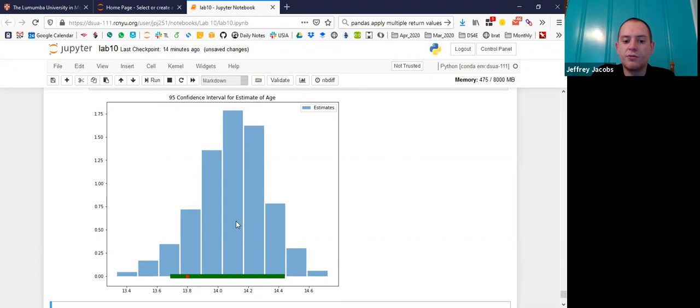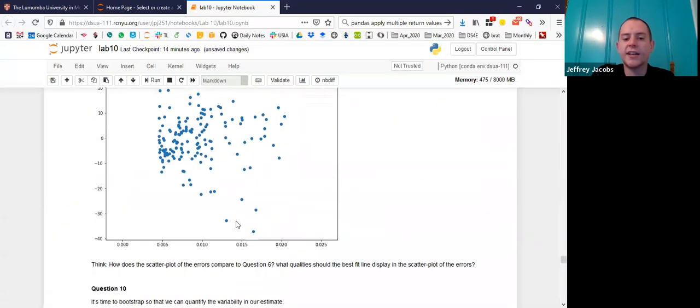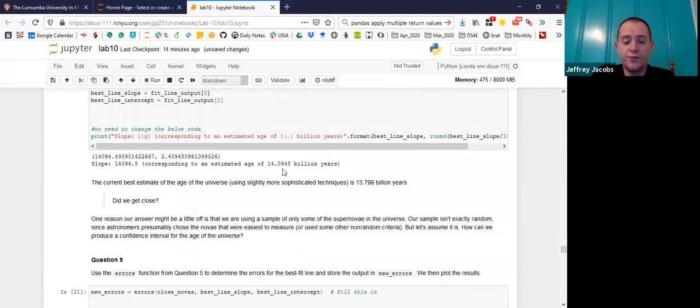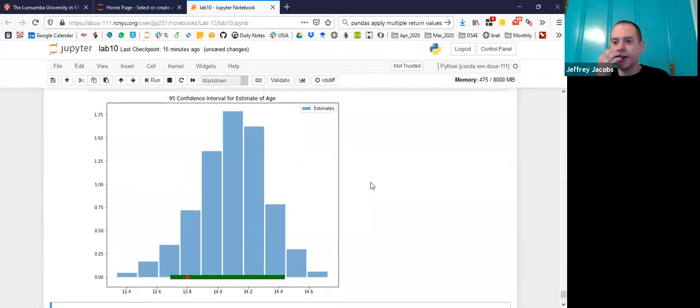Remember, when we just did a point estimate, using our best fit line, we got it wrong. It was closer than our eyeballed estimate, but it was still wrong because we got 14.09, whereas the actual age is 13.799.